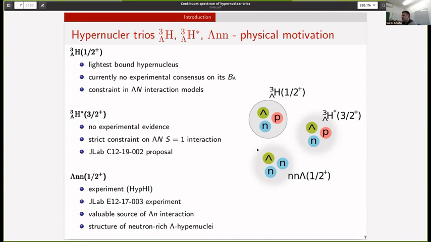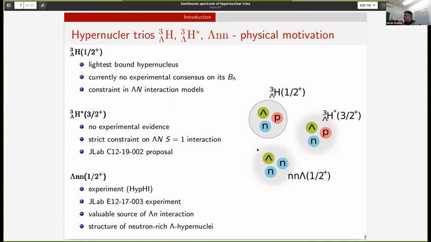Another state is the elusive lambda-n-n 1/2+ state, which has been measured by the HypHI collaboration, where it was suggested to be bound. But of course, there were then multiple theoretical works that were in disagreement with this statement. There is an ongoing JLab E12 experiment. And of course, as has been pointed out by the work of Takeuchi, this state is going to be measured again with higher precision.